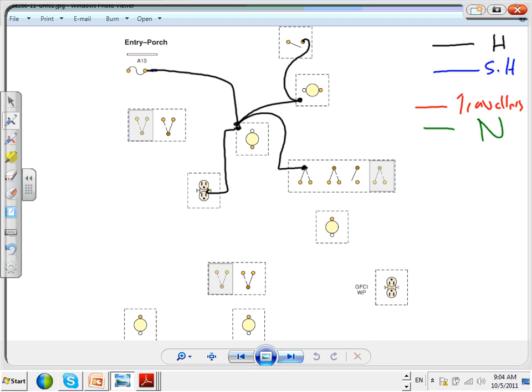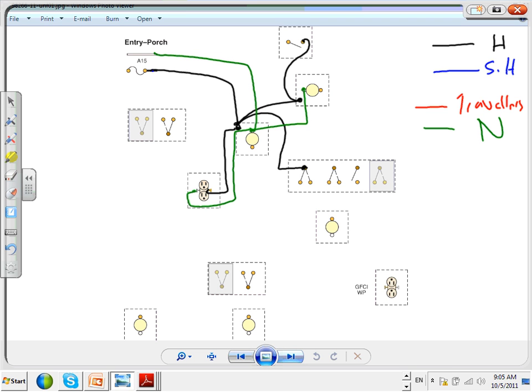Let's take the neutral. The same thing: the neutral came from right in here and landed on this side, to this fixture. And from here, I took it to this side of the receptacle. So I powered my receptacle. Also from here, I went and powered this fixture.